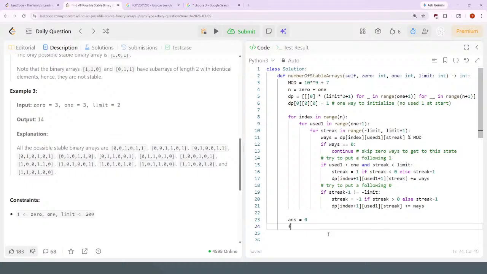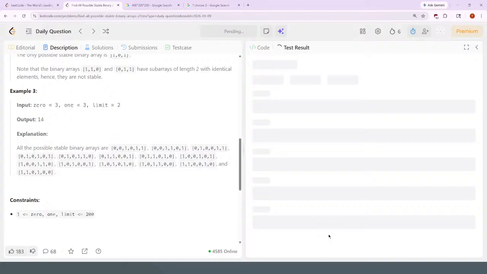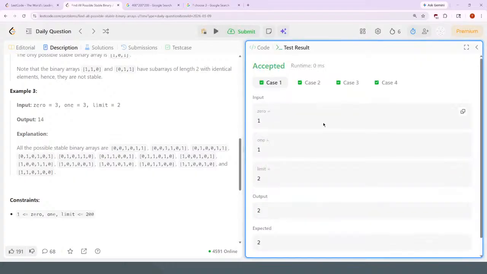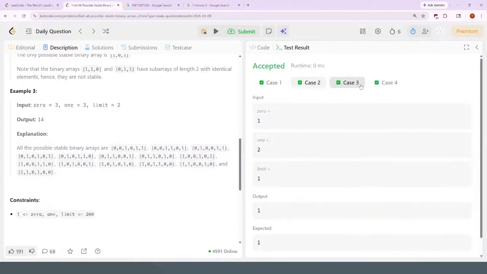So answer equals the sum of dp at the last. That's kind of scary.